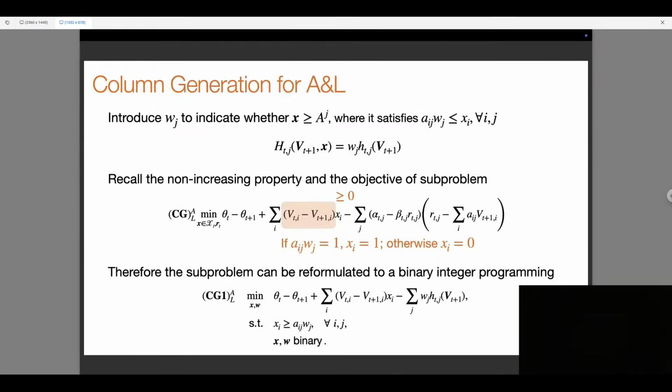With this binary integer programming, if we can solve this, it is much easier to solve than the original CGAL subproblem.